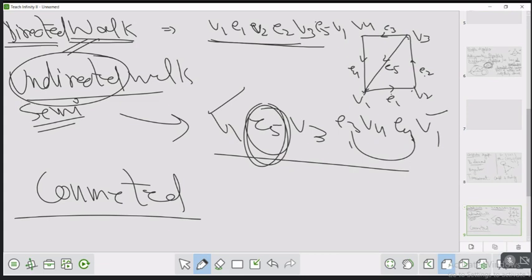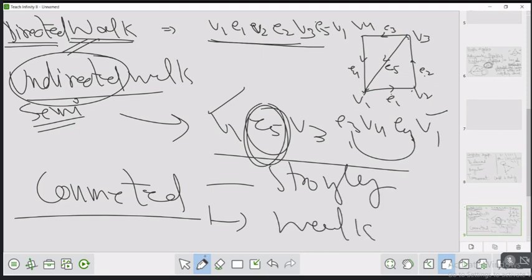But in this case, connected is also of two types. What are they? Strongly connected and weakly connected. What do you mean by strongly?